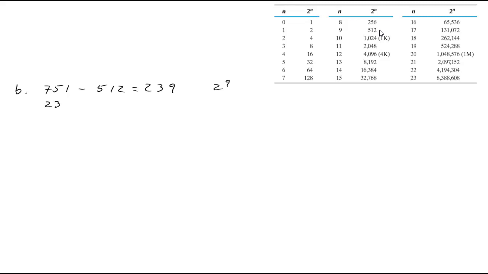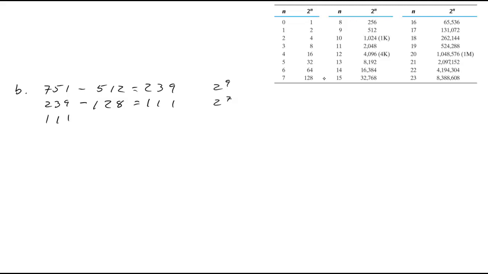Bring 239 down here to the next row. The biggest number we can pull out of 239 looks like 2 to the 8th is just a little too big, so we need to go to 2 to the 7th, which is 128. And that subtraction gives us a difference of 111.